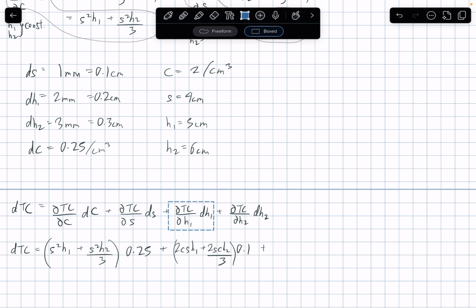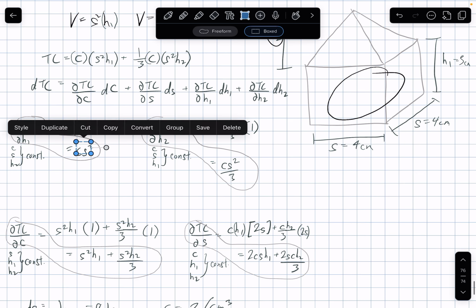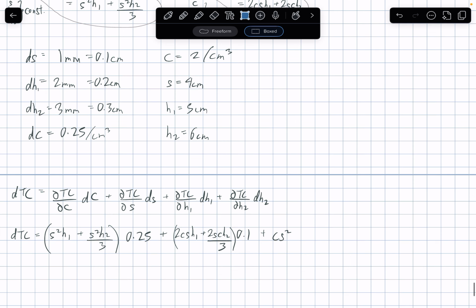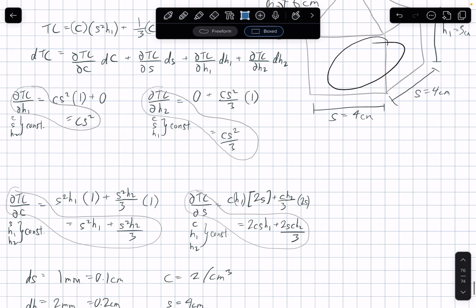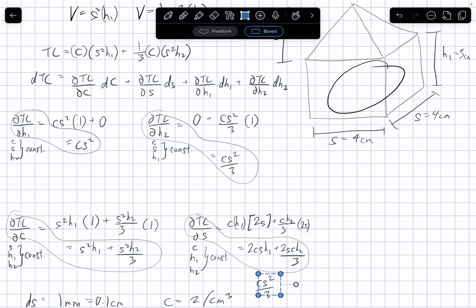Plus DTC over DH1. DH1 is this. CS squared. DTC over DH2. So we have this.